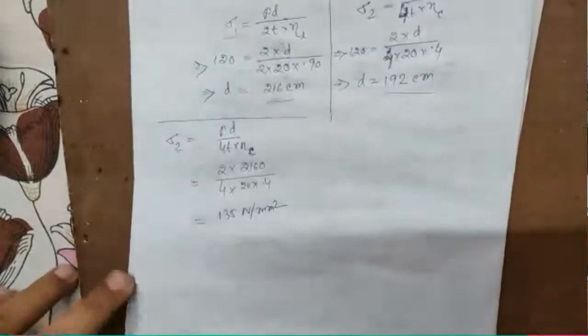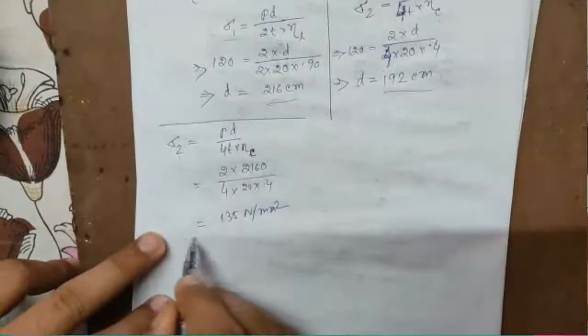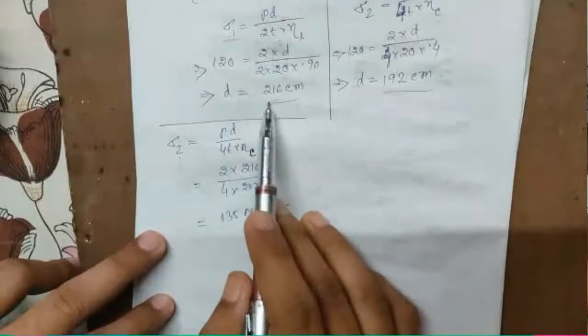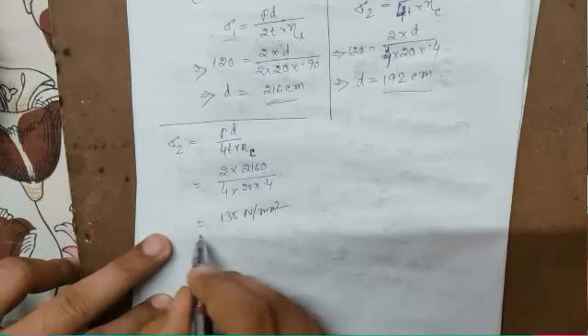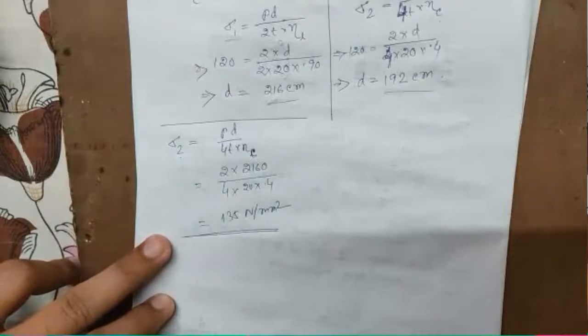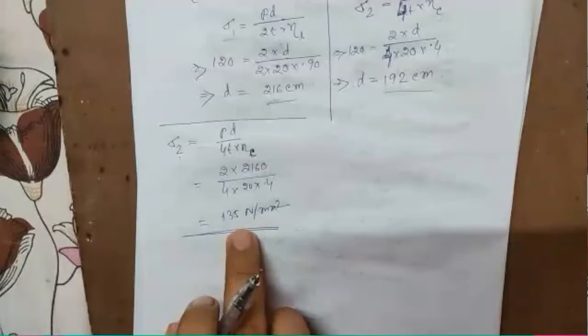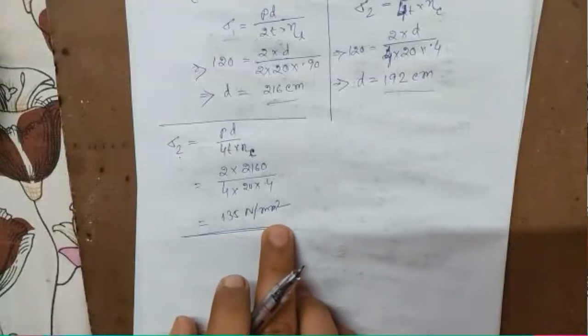So we cannot use D equal to 216, because if we use D equal to 216, then this stress over here comes out as 135 Newton per mm square.